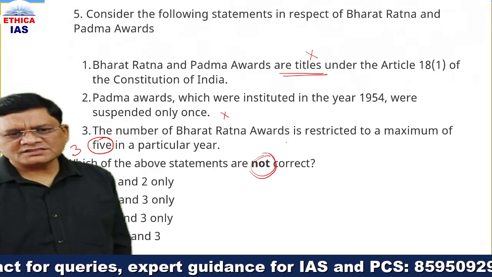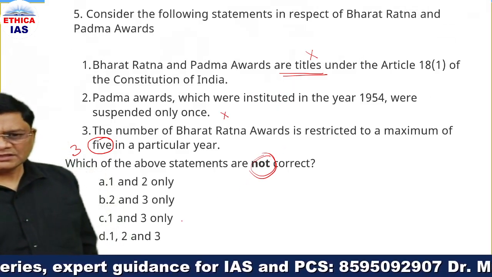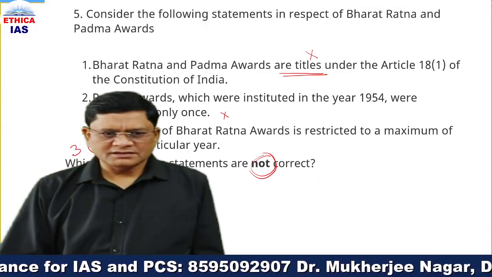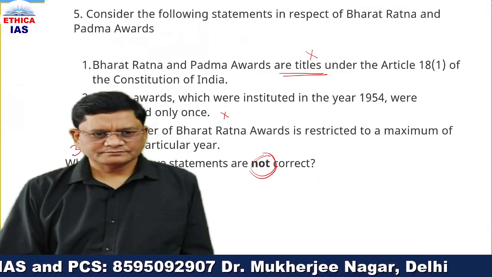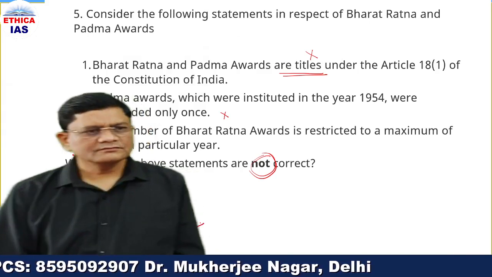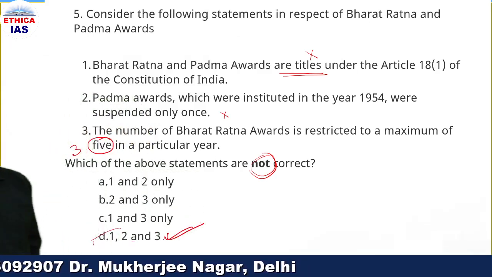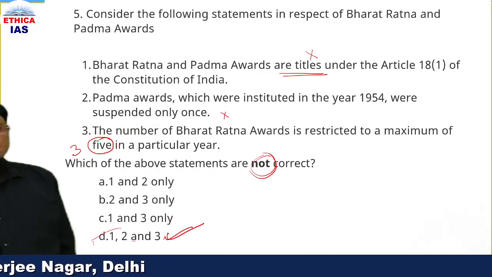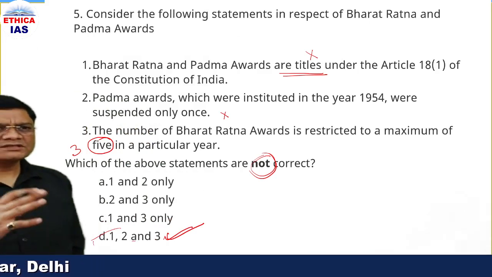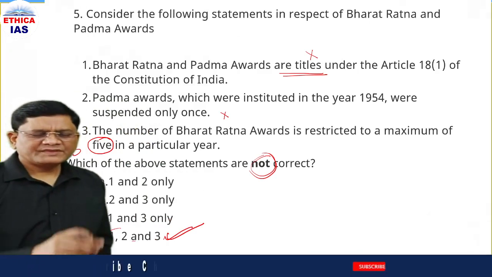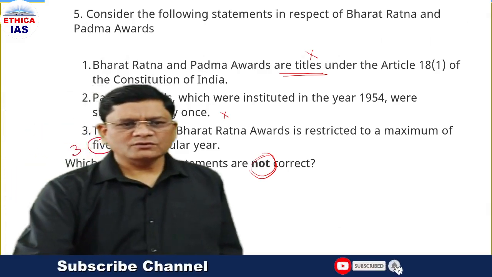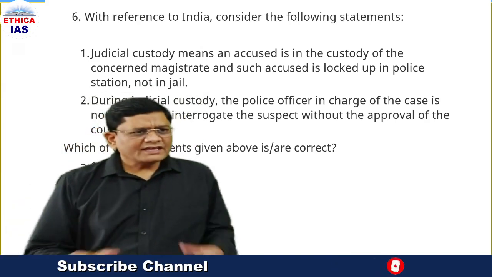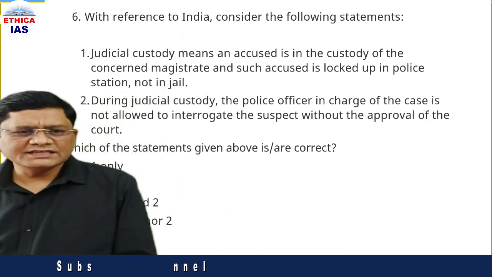So all these three statements are not correct. So our answer is D here. 1, 2, 3, all these statements are not correct. This is the fifth question. Now, sixth question. We can see the questions are very easy in nature.